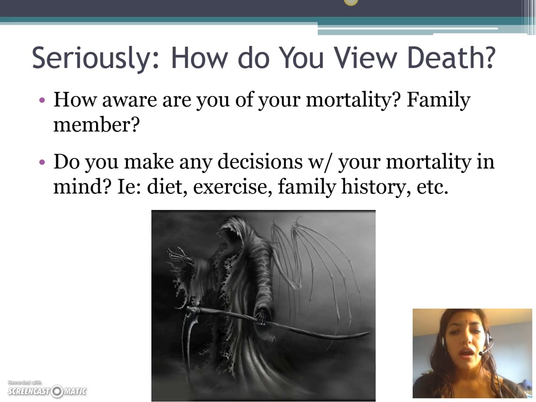So the question I pose for you and want to talk about in class is, do you make any decisions based on your mortality, meaning your diet, exercise, your family history, illnesses in the family? Do you think about that? Do you make decisions now based on what you're expecting for the future? Those are questions for you to think about.